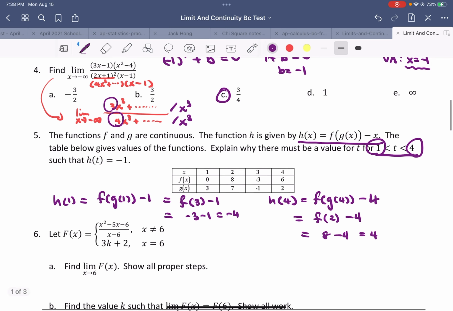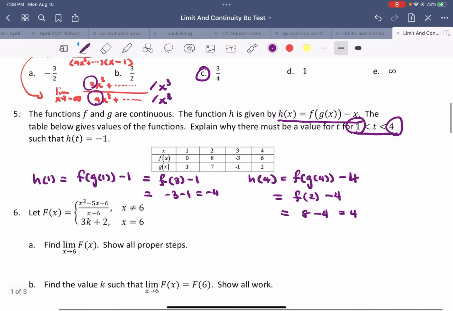Now, it said the functions f and g are continuous. Then this composite function is also continuous. Okay, it's just a substitution. There's no denominator or anything. So any polynomial, as long as they are continuous, then h of x is also continuous. So you can say it this way.